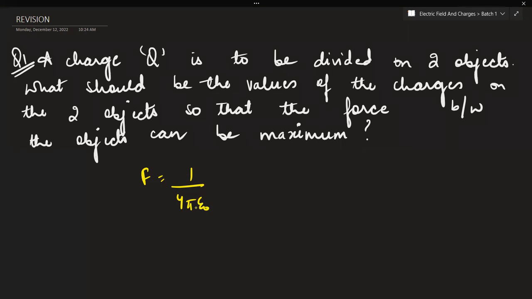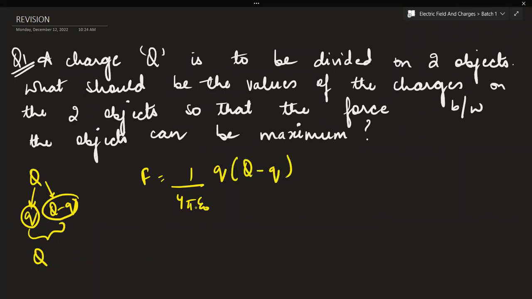If one charge is small q, the other is Q minus small q, right? Then only you will add it and you will get Q back. So here you will do q times Q minus q over the separation, take it as R square because that is not very much needed.